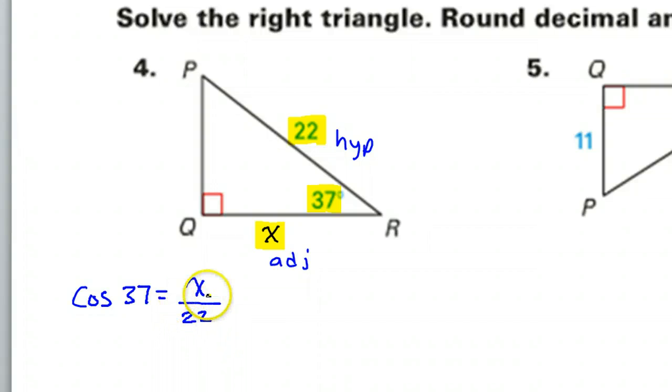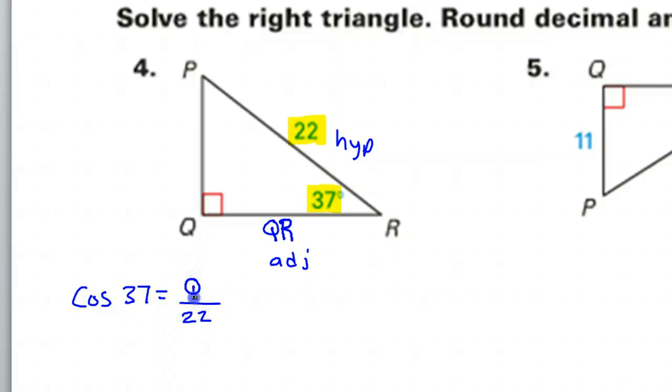If I want to solve this for X, actually let me not use X, because I want to make it clear that I'm finding QR. Maybe I'll just put a little QR right here. QR means the distance from Q to R. It's a number.